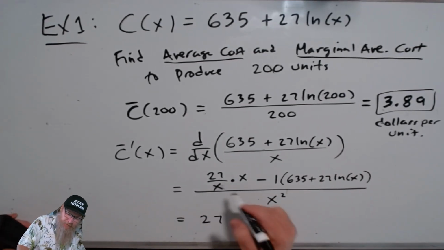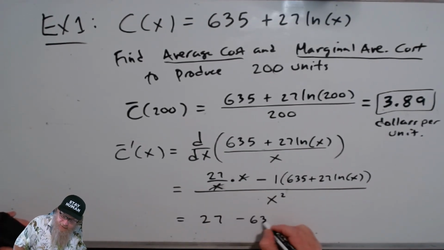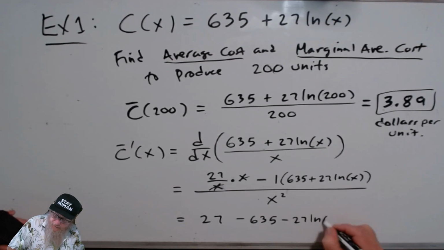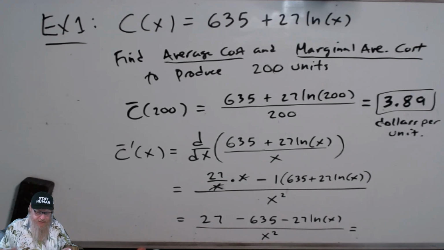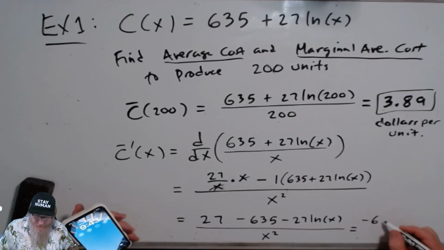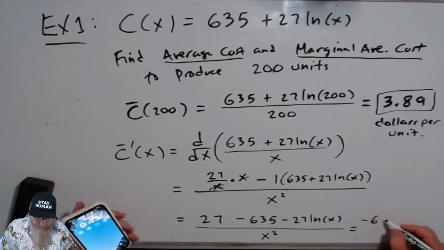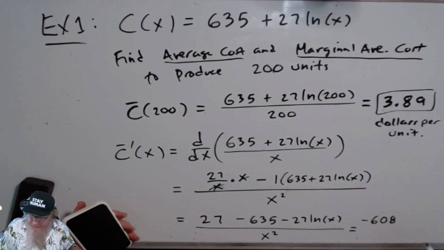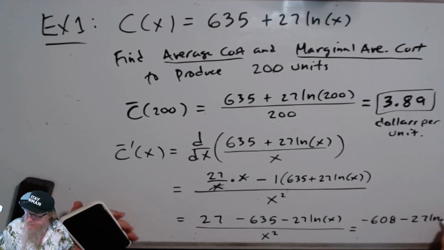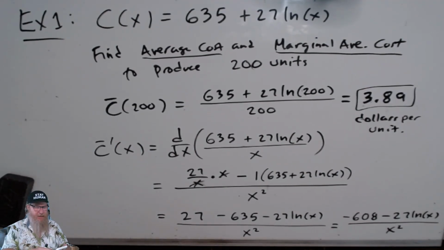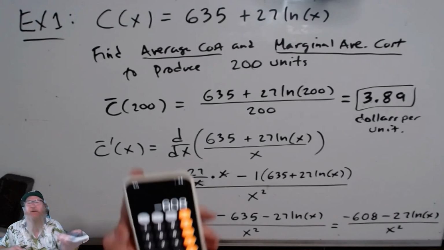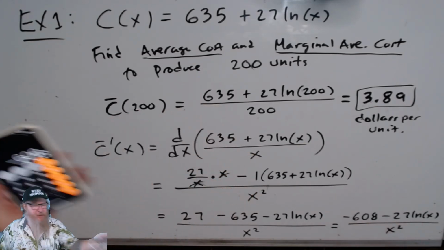So that's 27, these x's cancel, minus 635 minus 27 ln of x, all over x squared, which we calculated to be negative 608 minus 27 ln of x over x squared. Does that match what we had last time? It should. Just double checking. 27 minus 635. Yep, negative 608 minus 27 ln of x.